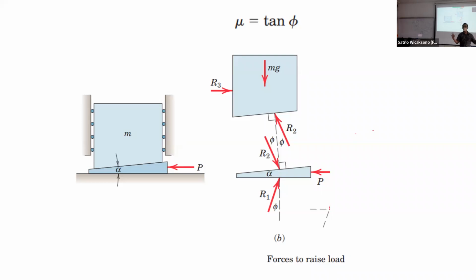So it's up to you. I will give you the option. You can put it as R1 here with P, where R1 is the total of Ng and Fg, and R2 is the total of NW and FW, or you can draw it just like this. I suggest you use this one because all the basics are here. For me, this one is much simpler because you know all the basics.